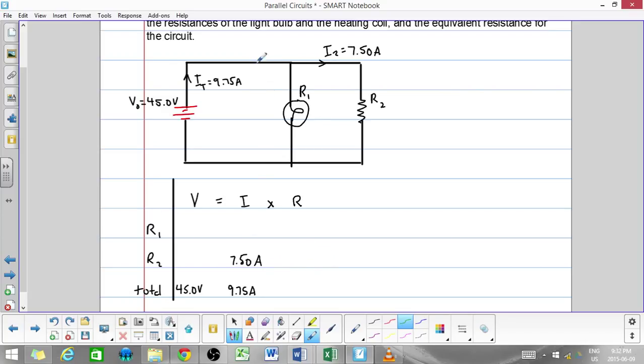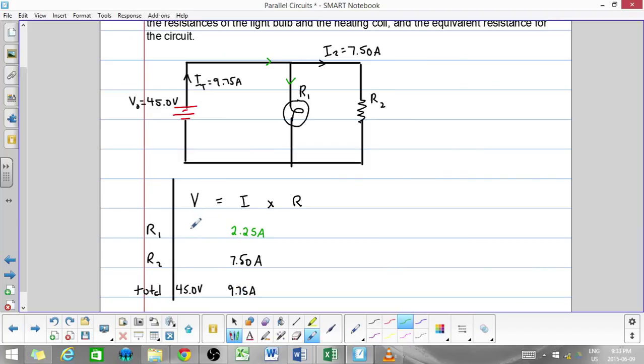First of all, remember the current relationship, that at this junction, the 9.75 amps splits off into two currents that add up to 9.75. So if that one's 7.5, this one has to be 2.25 amps. Okay, so that's Kirchhoff's current law.